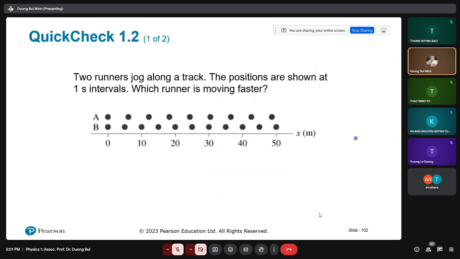Okay, so look, we have some multiple choice questions. 2 runners jog along a track. The positions are shown at 1 second intervals. Which runner is moving faster, A or B? You have 1 minute to think about your answers.